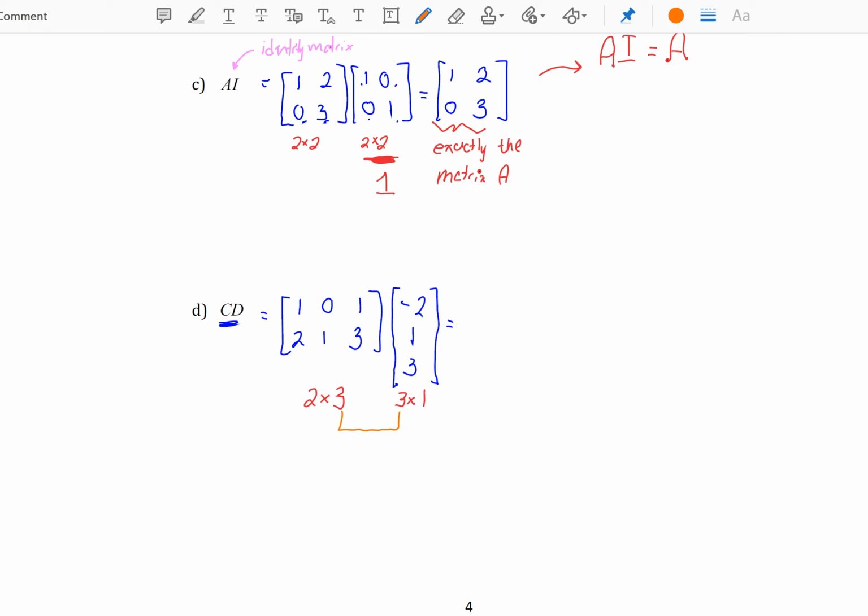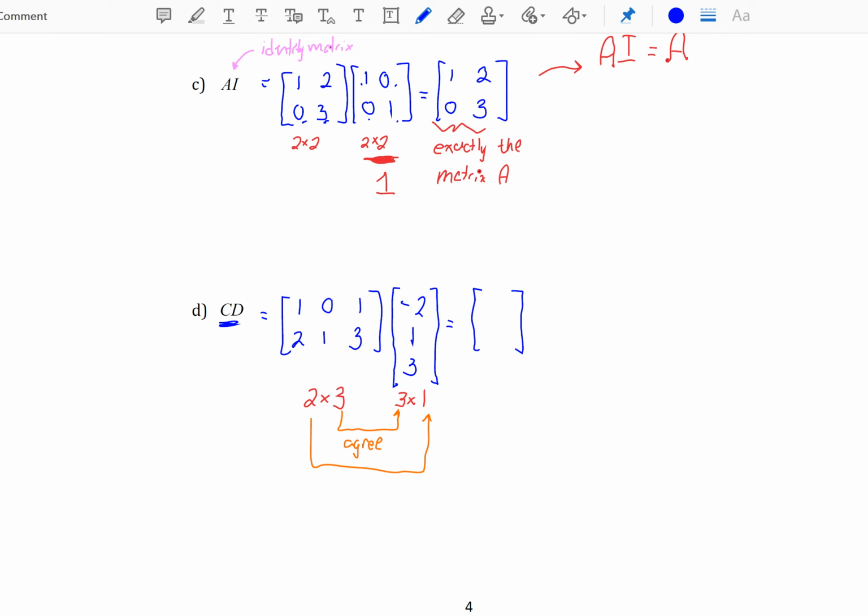Our inner dimensions agree. This tells me I'm allowed to do the multiplication. The outer dimensions tell me the size of the product. So we're expecting to get back a 2 by 1 matrix. 2 rows, 1 column.